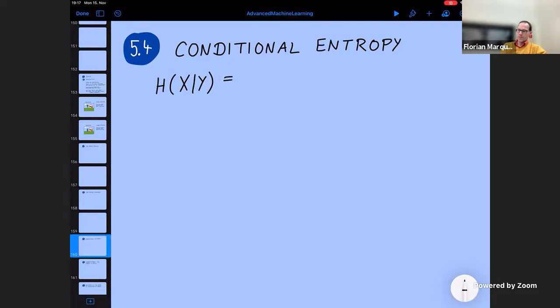And so the way this is defined is quite interesting. I'm taking the entropy calculated for the conditional probabilities. So wherever I had probabilities, I just put conditional probabilities. But then, and that's important, I still average over all possible observations.